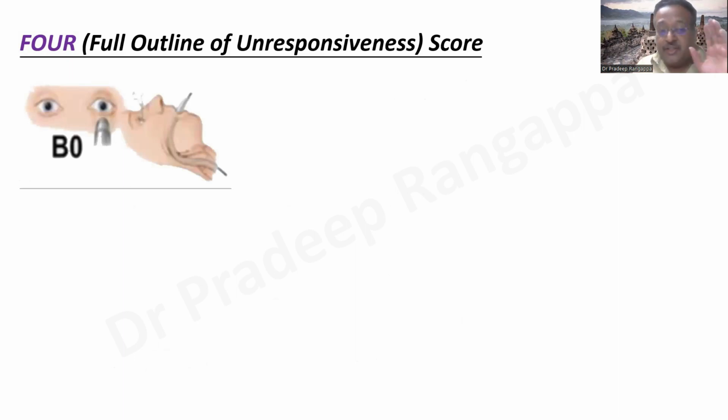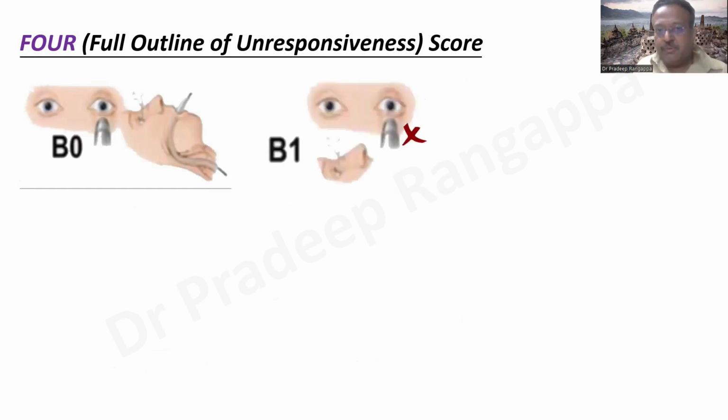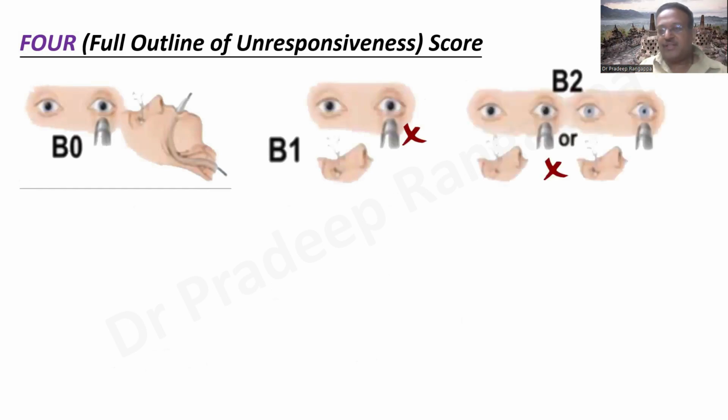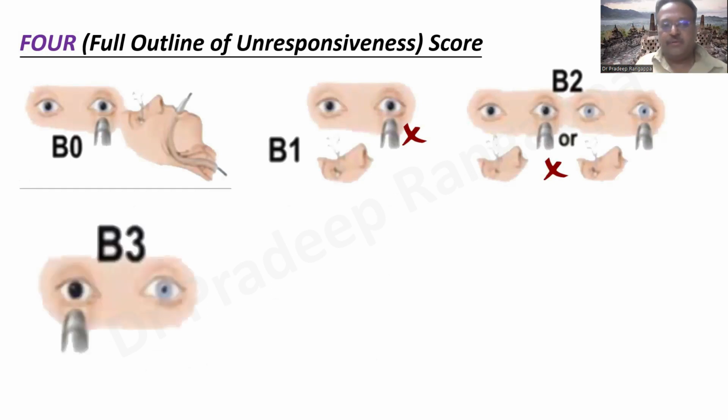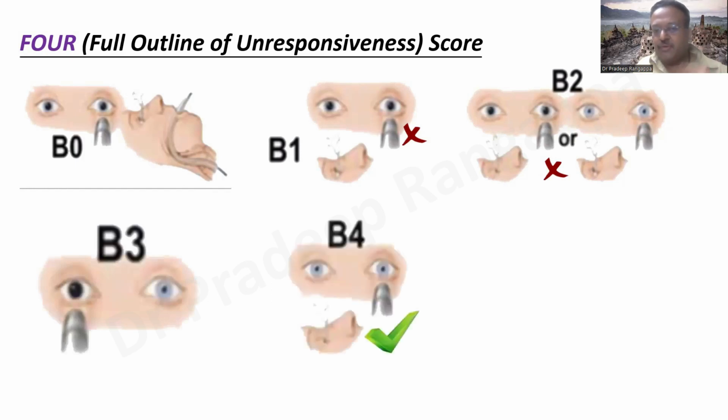B0 is where there is no cough reflex, no corneal reflex, and no pupillary reflex. B1 is where there is no pupillary reflex and no corneal reflex. B2 is where either the pupillary reflex or the corneal reflex is present and one of them is absent. B3 is where there is asymmetry and dilatation. B4 is normal pupillary and corneal reflexes present.